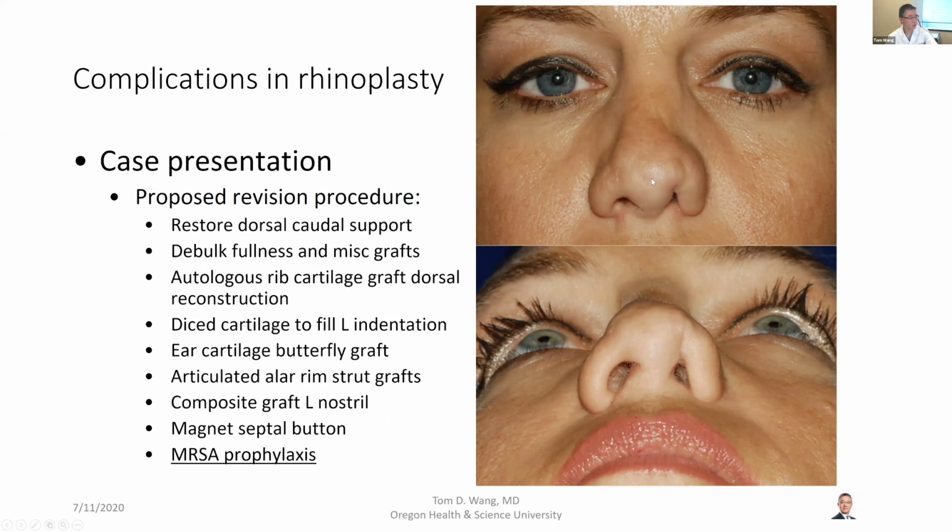She needs the dorsal rib reconstruction, diced cartilage with fibrin glue to fill this indentation, and ear cartilage butterfly graft to support her internal nasal valves, articulated alar rim strut grafts, composite graft, left nostril to correct the stenotic nostril here, try to open it up, get it to be functional.